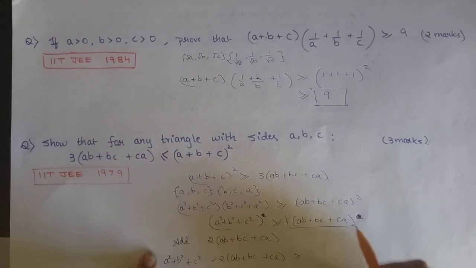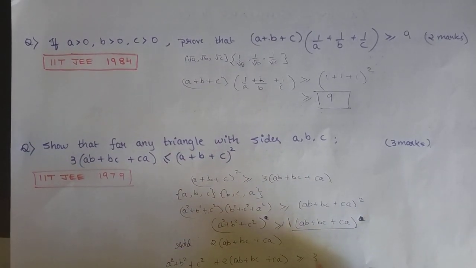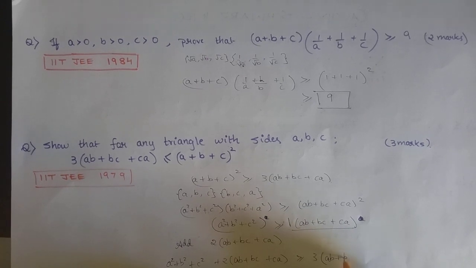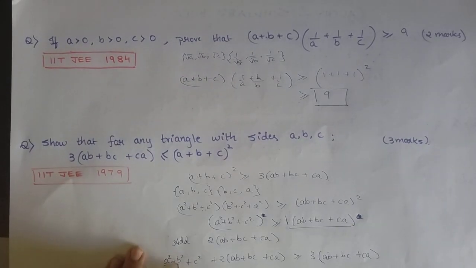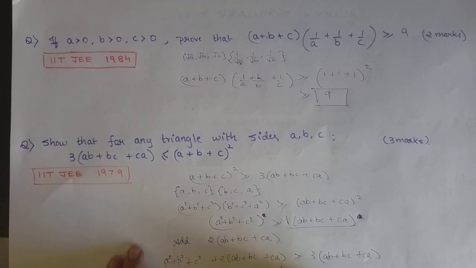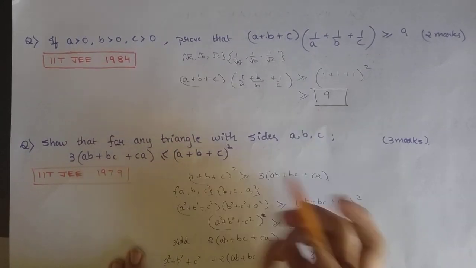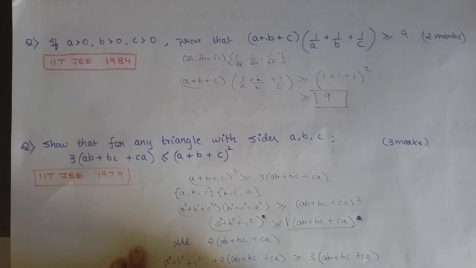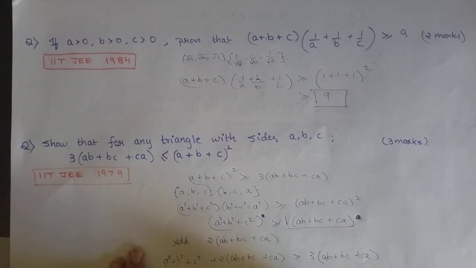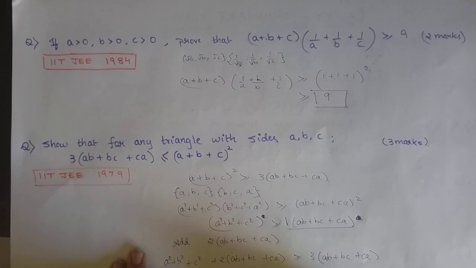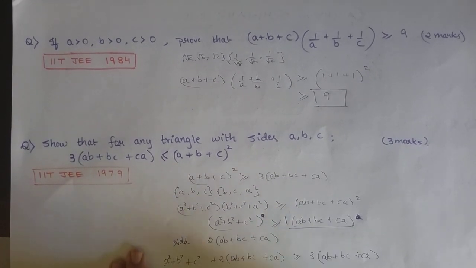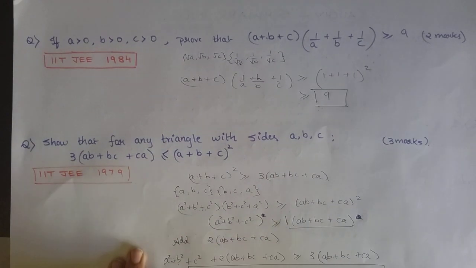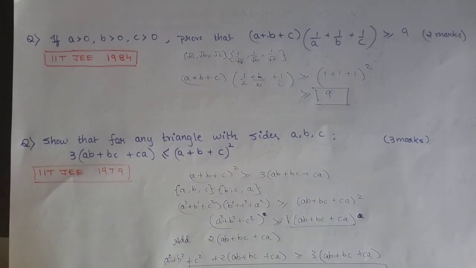If I add 2 times of this to right hand side also, I'll be getting 3 times of ab plus bc plus ca. Don't you see that a square plus b square plus c square plus 2ab plus 2bc plus 2ca is nothing but a plus b plus c whole square. So that is a plus b plus c whole square is greater than or equal to 3 times of ab plus bc plus ca.